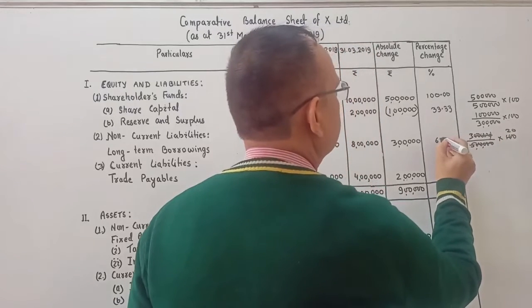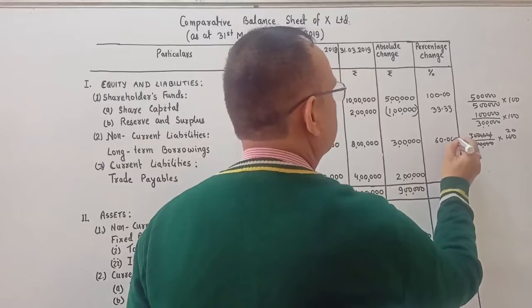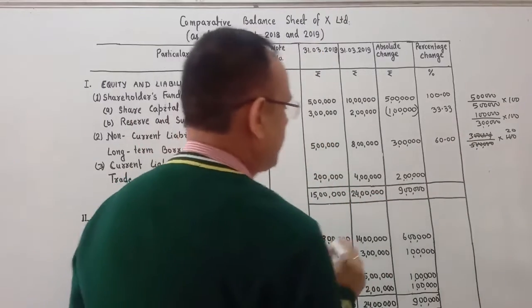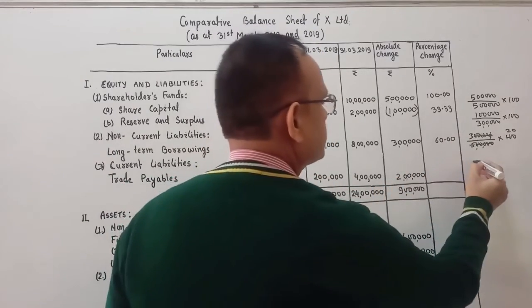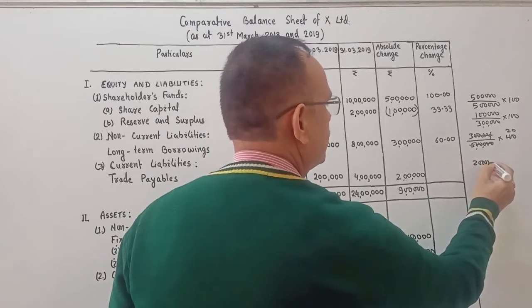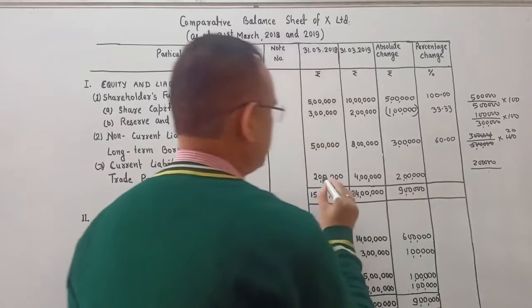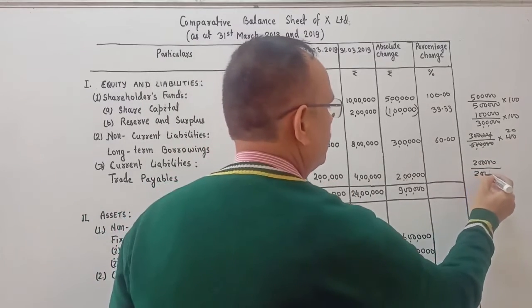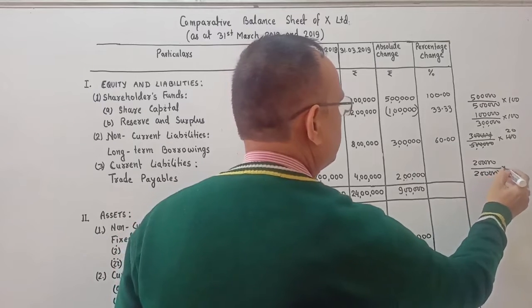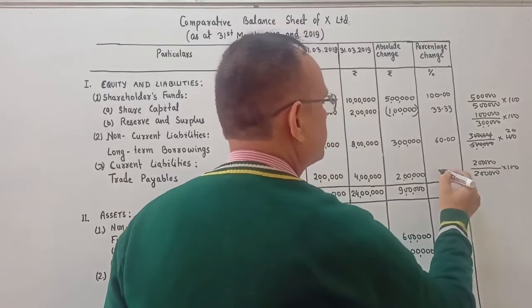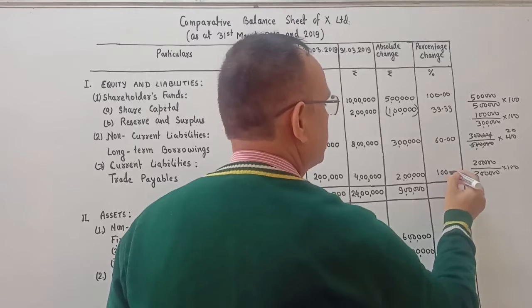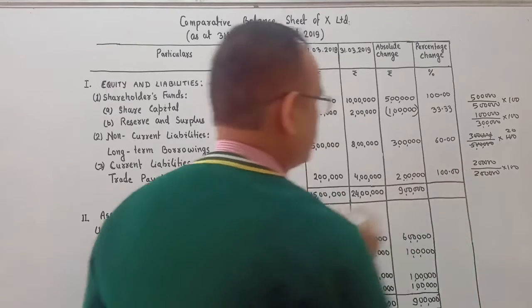It is 60%. Now come to here. Absolute change is how much? 2 lakhs is the absolute change upon previous year figure, 2 lakhs into 100. So it's a 100% change. Is it clear?